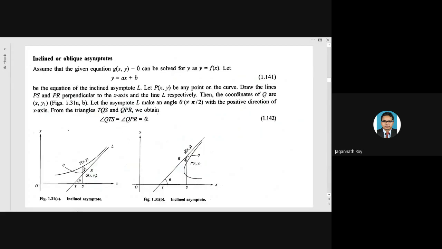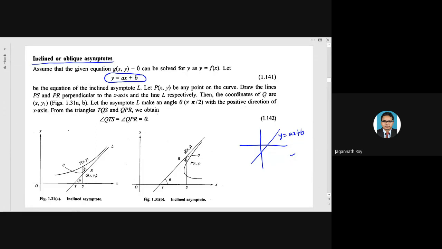Now there is another concept that is called inclined or oblique asymptote. Remember, inclined line means it will make some angle, y equals ax plus b, where b is non-zero.